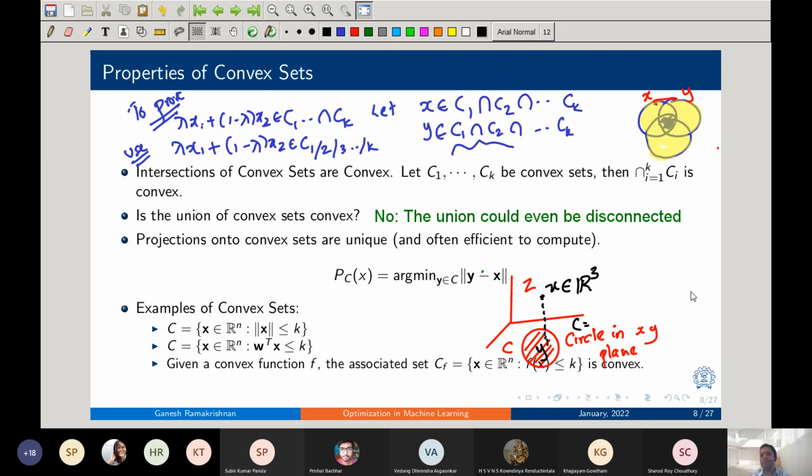Somehow this point X was obtained. What you're trying to find is a point Y in C such that according to some norm distance, Y is closest to X, or Y is the point in C closest to X. This Z is basically the Z axis. I'll just put it here.